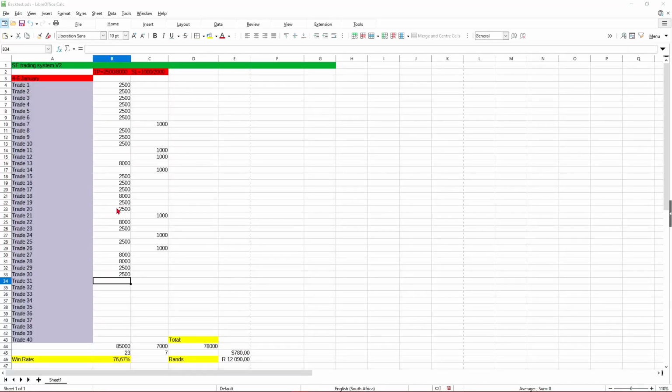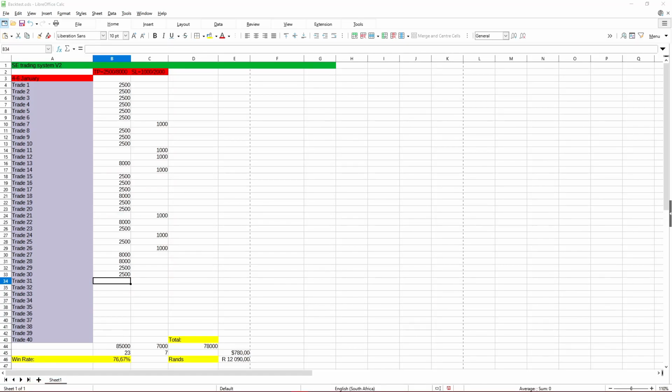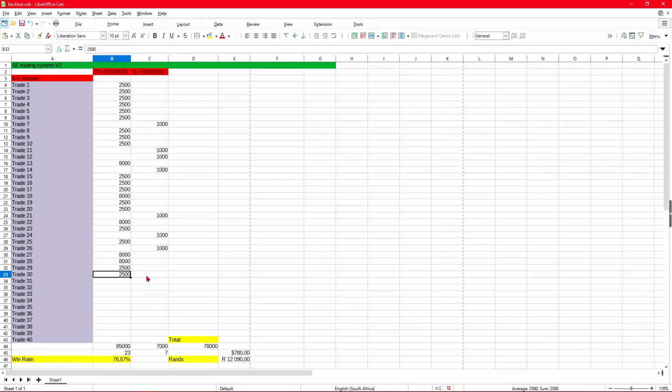So now we are looking at the results of the trades, and these results are for the period of the 4th of January to the 6th of January. So during that time period, we got 30 trades. There were a few 8,000 pip trades and quite a few 2,500 pip trades.